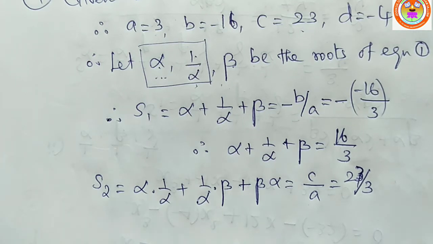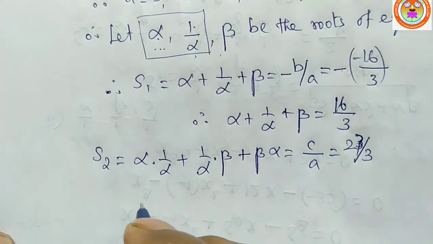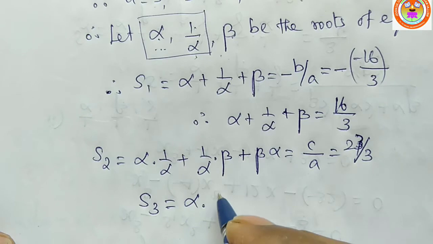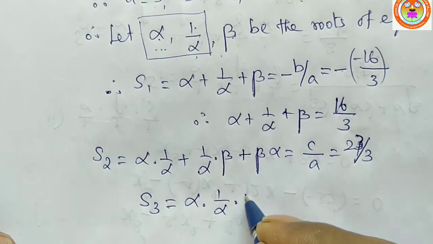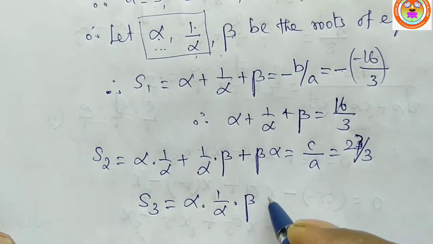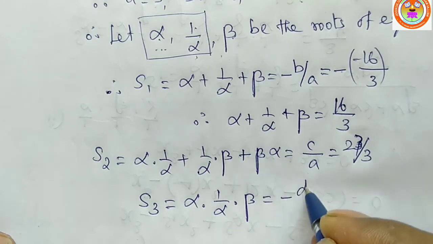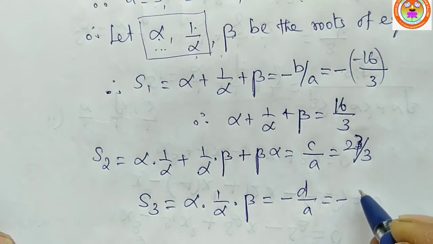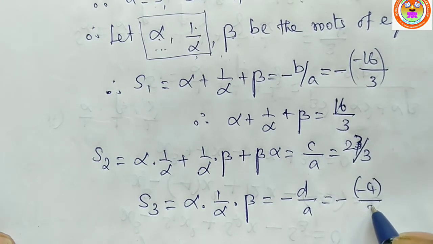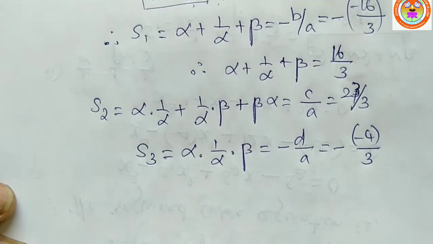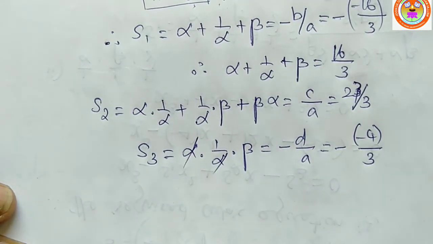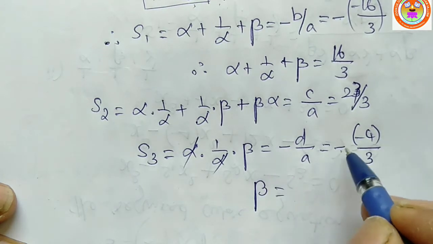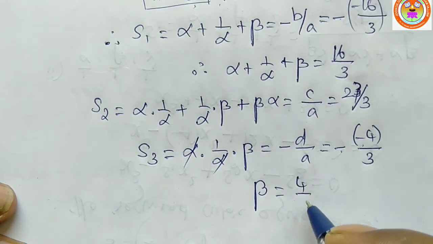Then what about S3? S3 is alpha into 1 by alpha into beta, the product of these three roots, that is equal to minus d by a. What is our d? Alpha gets cancelled, so we are getting the beta value.